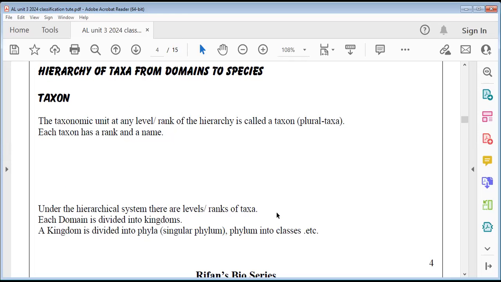So you have to understand this way: domain divided into kingdom, kingdom into phylum, and so on, that's what I took you through. I went to the kingdom Animalia. In Animalia, many phyla were there. I went into Chordata. In Chordata, many classes. I went into Mammalia.